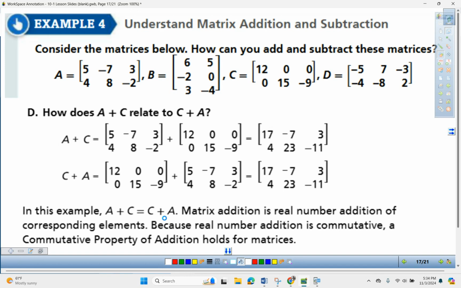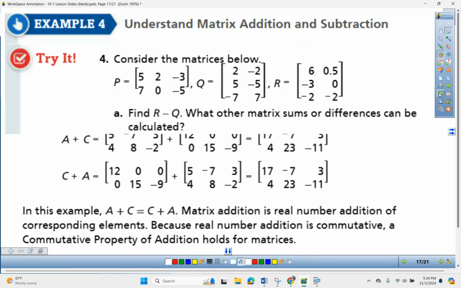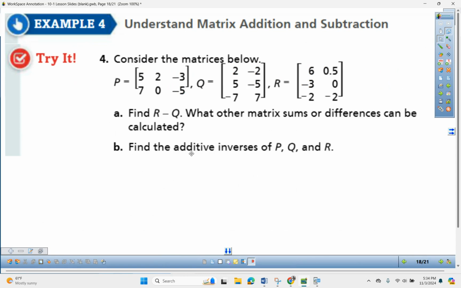So does that automatically mean it's true about matrices? Not necessarily. It does for addition. We're going to find out there's one that's going to change tomorrow, but today we're all good. Okay. So hold on a second.